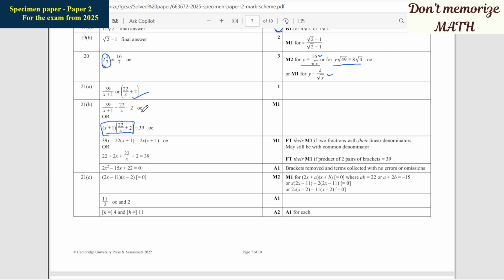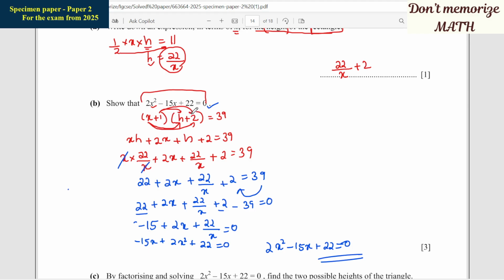If you are getting this or an equivalent form, you will get M1. Then expanding the bracket and all, M1. If two fractions with linear denominators are combined with a common denominator, you can make the denominator the same. Otherwise, multiply everything with x and make the same thing. I hope this question is clear for you.